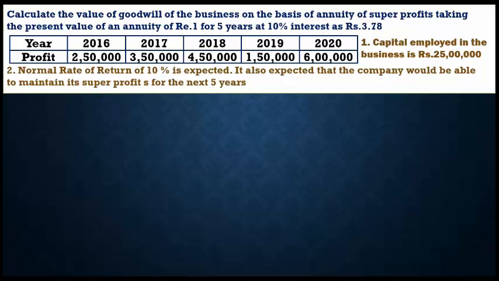Okay, now start to solve the problem. First, average profit is equal to, what is the formula? Total profit divided by number of years.